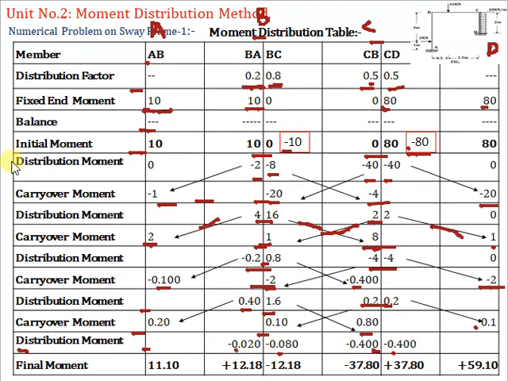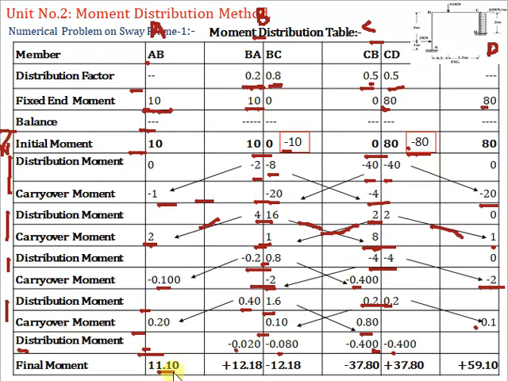So we have conducted the iterations: first iteration, second, third and fourth. So 4 iterations we have done, and after the distribution moment, let's stop here, then do the addition of initial moment up to the distribution moment.